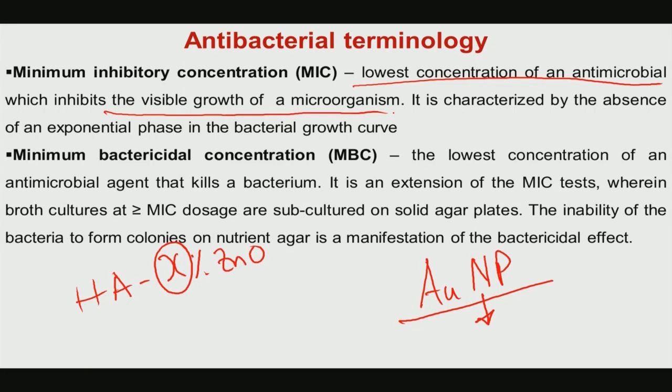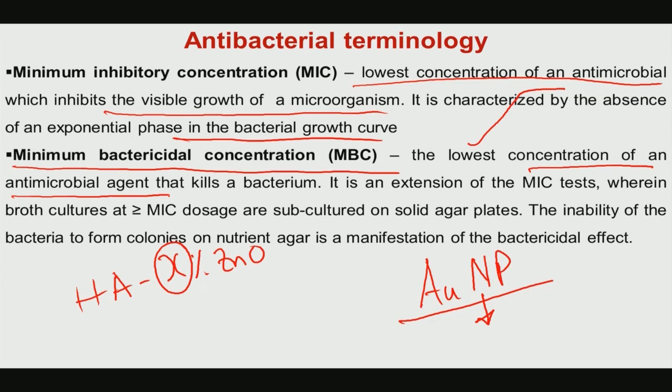It is characterized by the absence of any exponential phase in the bacterial growth curve. If you remember, the bacterial growth curve goes like this, it goes to the stationary phase. So essentially MIC is characterized by the absence of the exponential phase. The second one is the minimum bactericidal concentration, MBC, the lowest concentration of an antimicrobial agent that kills a bacterium.